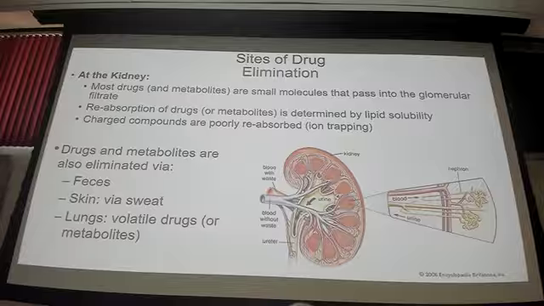And so when drugs are excreted in the kidneys, they can be reabsorbed if the drugs are uncharged and lipophilic. If the drugs are charged by making the blood more alkaline or acidic, that will result in the opposite drug being charged, and that will be excreted in the urine because it cannot be reabsorbed because it's charged, and that is called ion trapping.